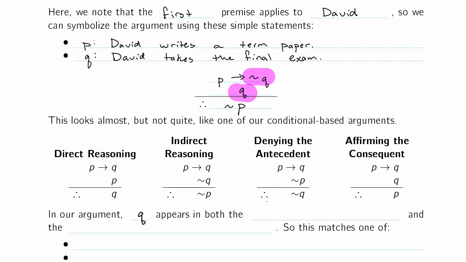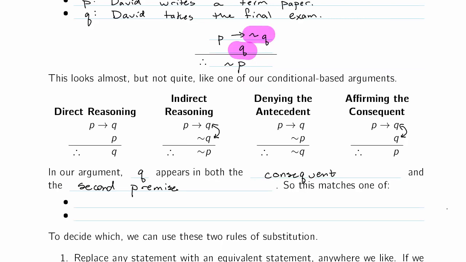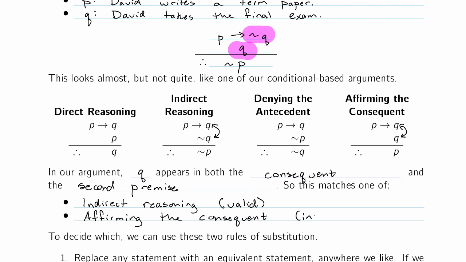Q appears in both the consequent and the second premise. We have 2 argument forms where the same simple statement appears in the consequent and the second premise. The argument that we're trying to analyze is going to match either indirect reasoning, which is a valid form, or affirming the consequent, which is invalid.